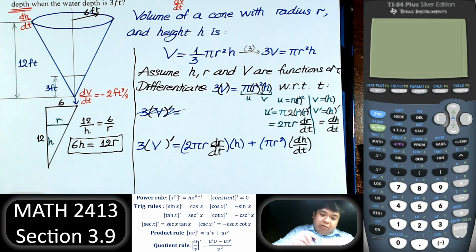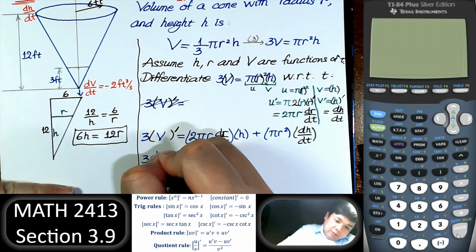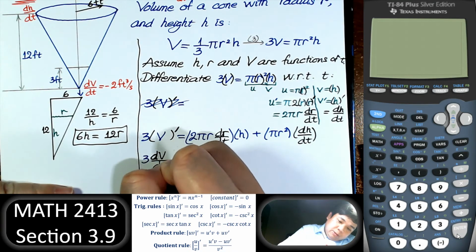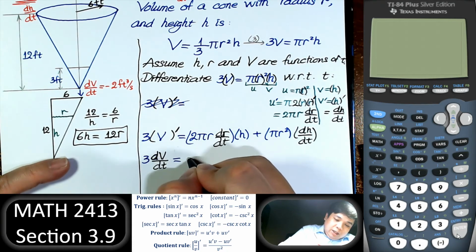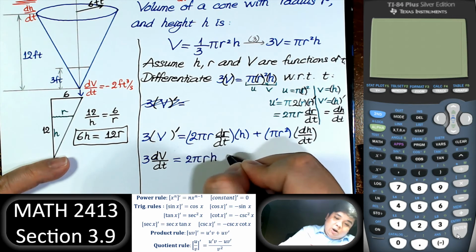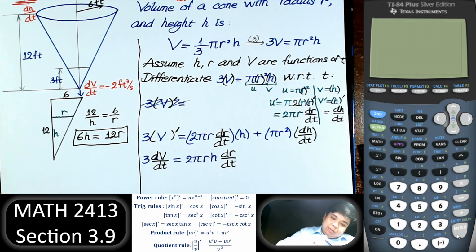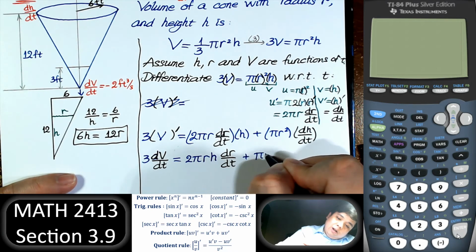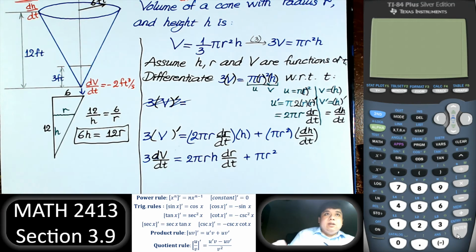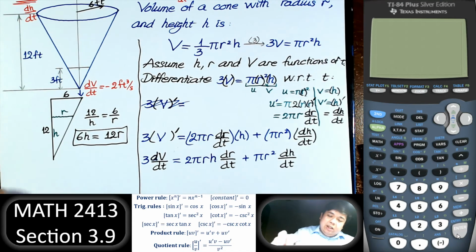By the way, the derivative of volume is dV over dt. That's equal to 2 pi r h dr over dt plus pi r squared dh over dt. So yeah, that is the derivative.